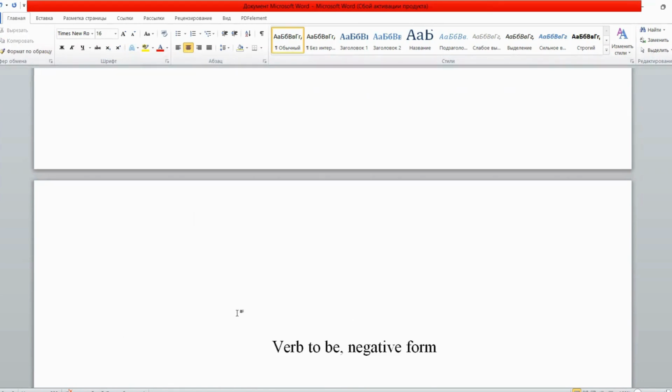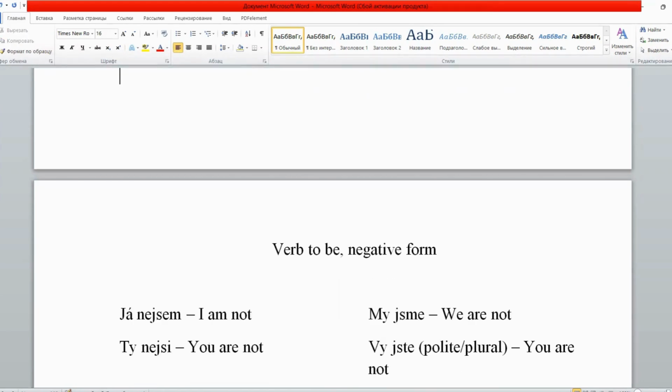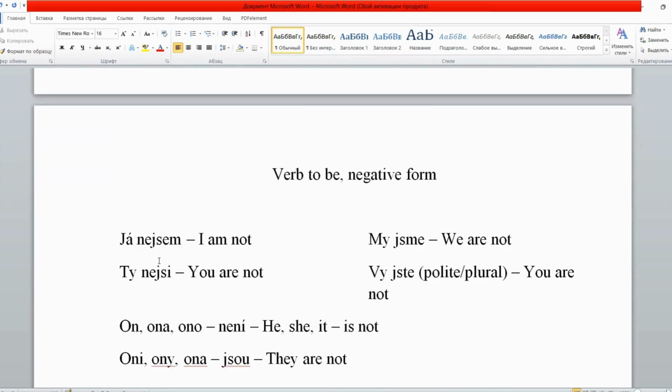If we would like to say something in the negative form, we just use the prefix ne. It's very easy. Já nejsem, it means I am not. Let's repeat after me. Já nejsem. I am not.